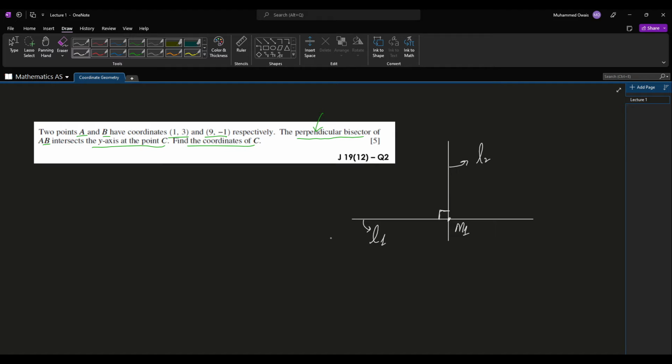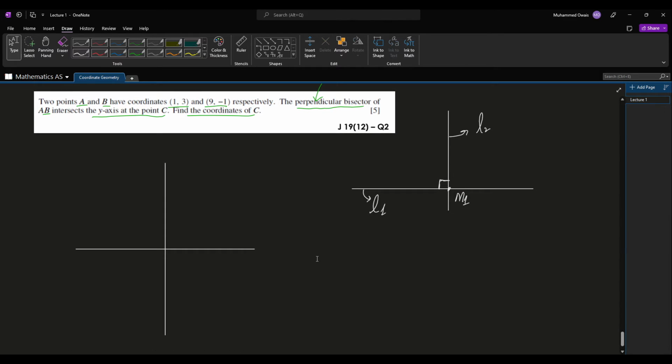So basically, if we were to plot the coordinates of what they have told us, it would look something like this. Here, let us plot the coordinates. There is 1 for the x-axis and this is the y-axis, and then let's say 3 is here.